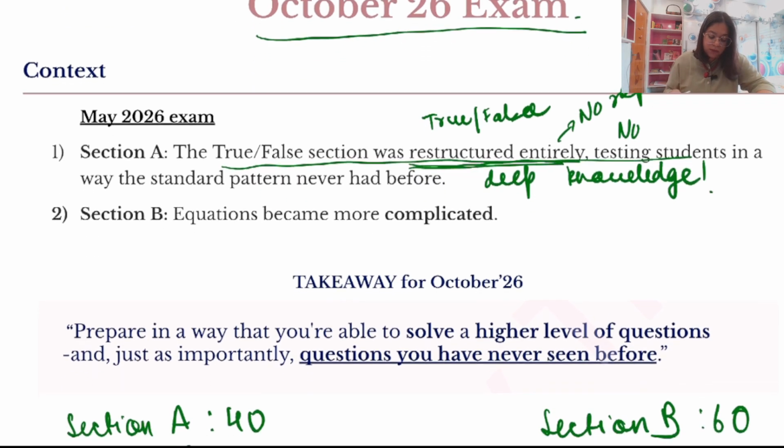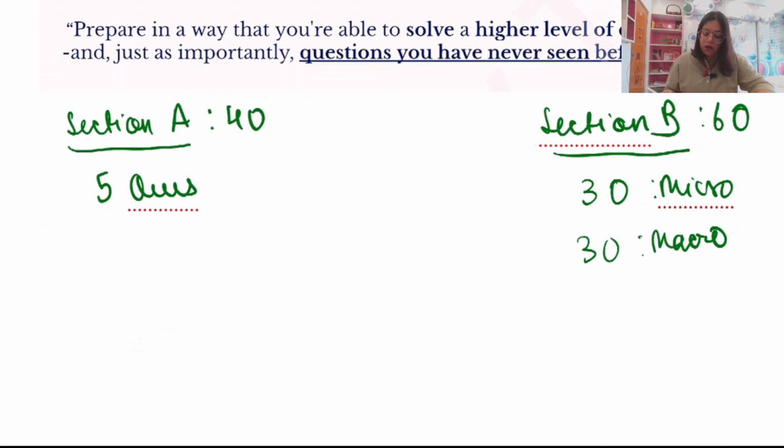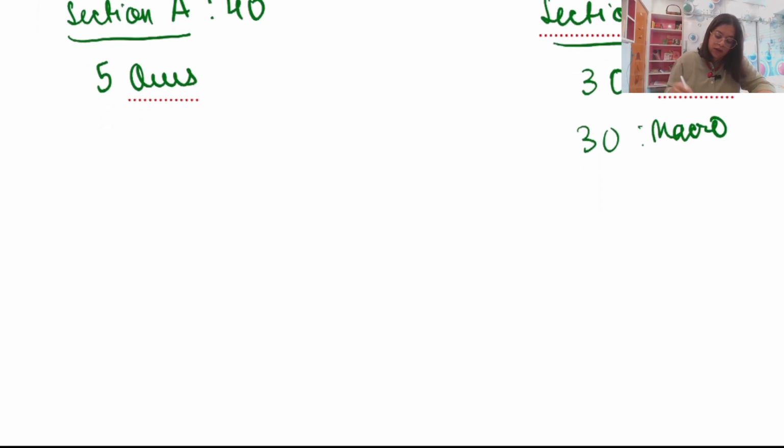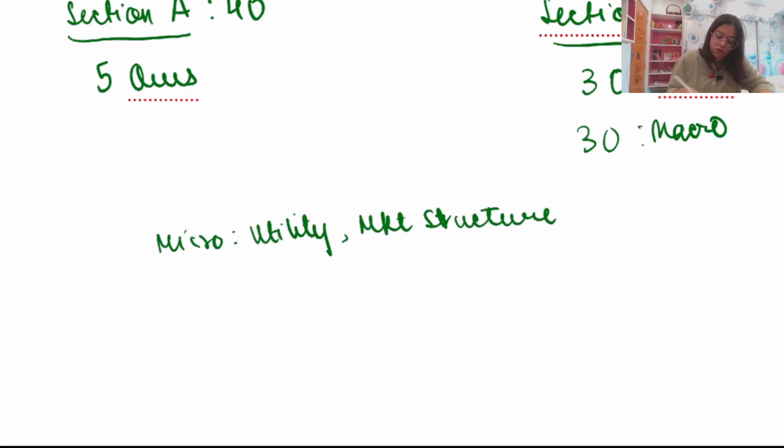And then section B. The feedback was that the equations became very complicated. Let us understand what students told me. Usually in section B, in May attempts, in micro you either get a question where you have to maximize the utility, or solve a market structure numerical, or sometimes a cost embedded with a production numerical.